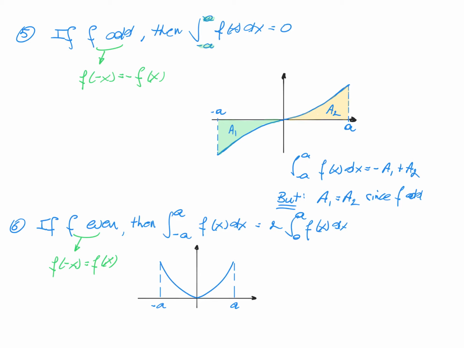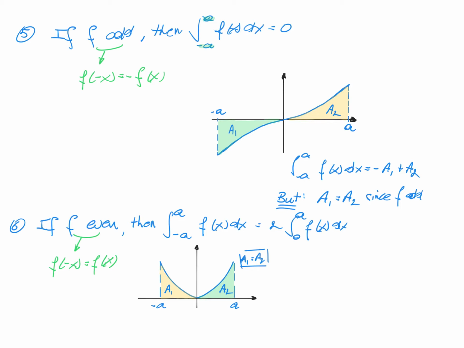So we see that for an even function, we get a mirror image across the y-axis. So the function left of the y-axis is equal to the mirror image of the function on the right side of the y-axis. And so the areas which are below the curves will also be identically the same.